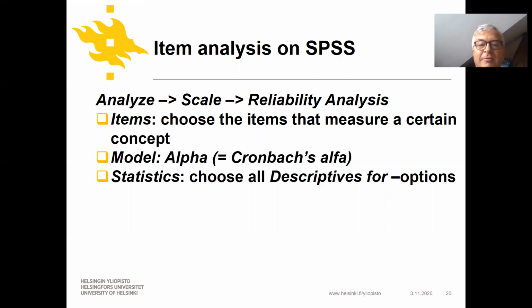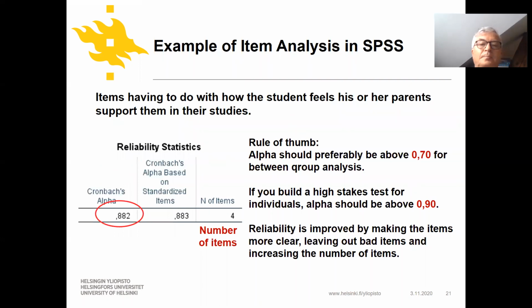So it's Cronbach's alpha. And then if you want to have other statistics to describe the variables, then you choose all descriptives also. That's recommendable. And then you get already the result.